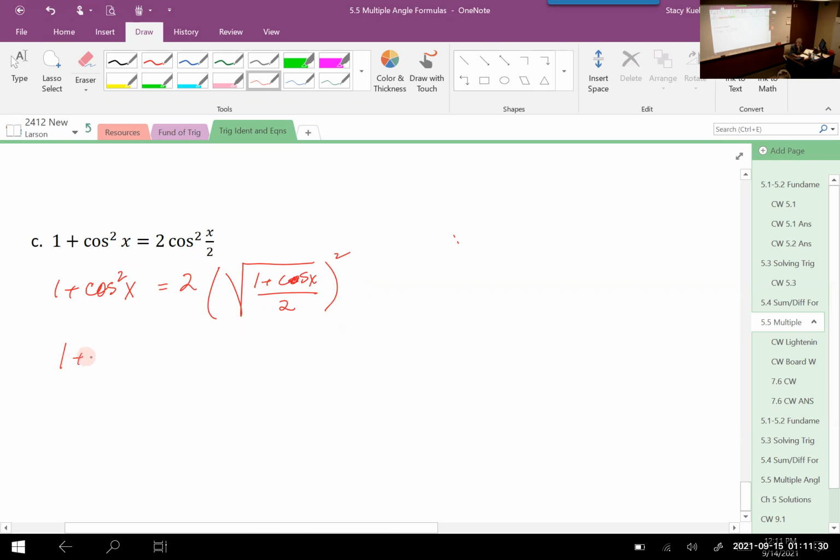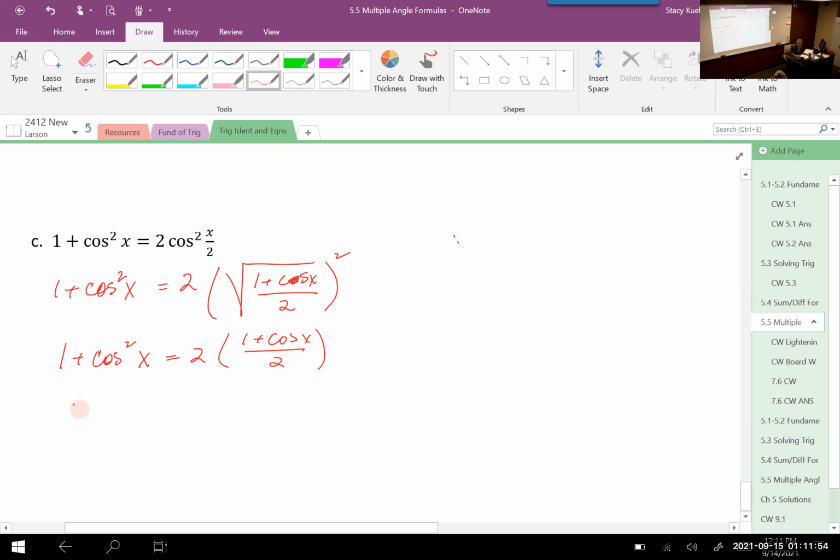So I have 1 plus cosine squared x is equal to 2 times, when I square that that's in parentheses, I get 1 plus cosine x over 2. Still working on simplifying here.